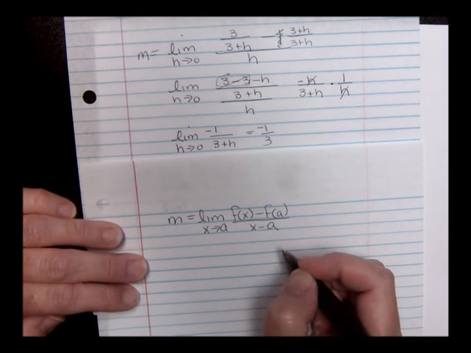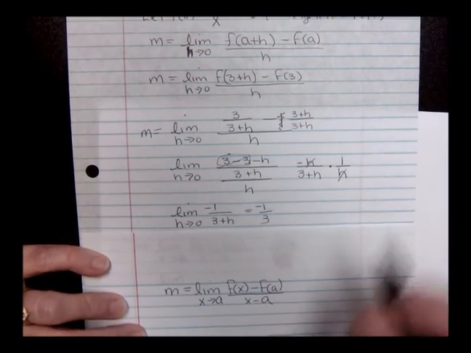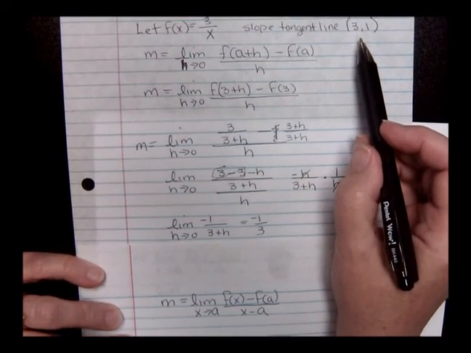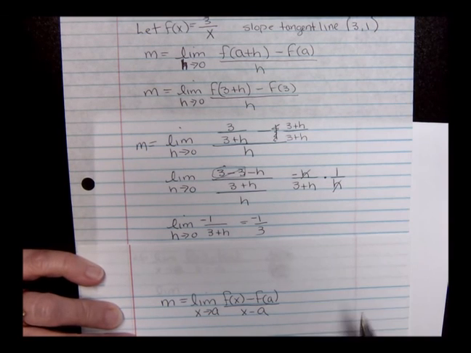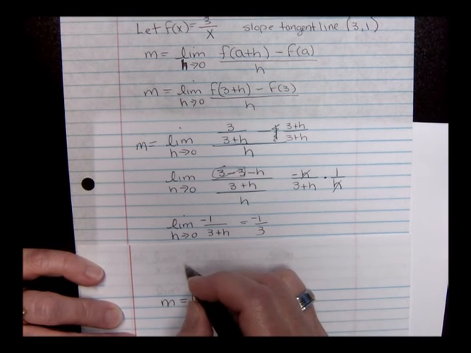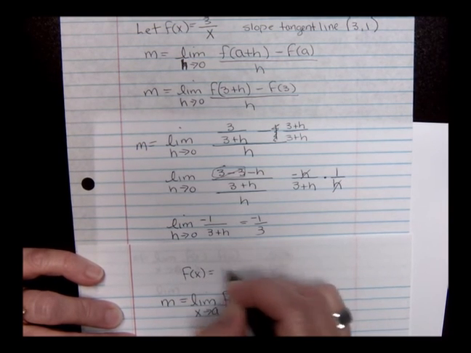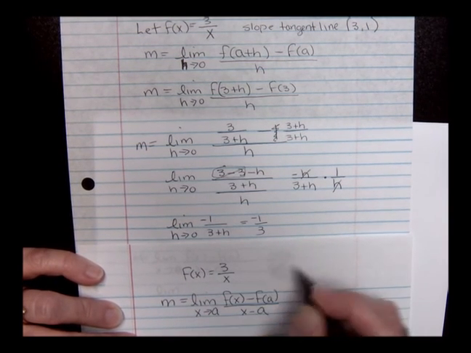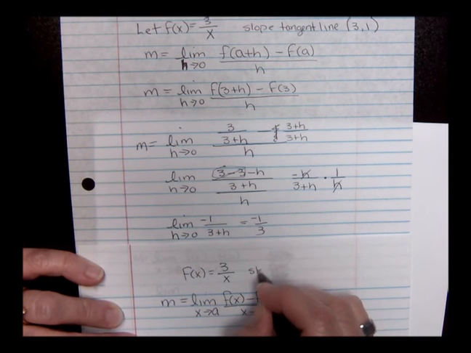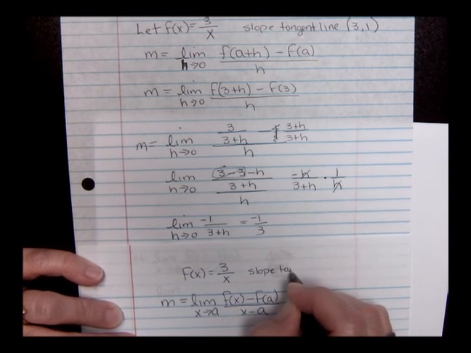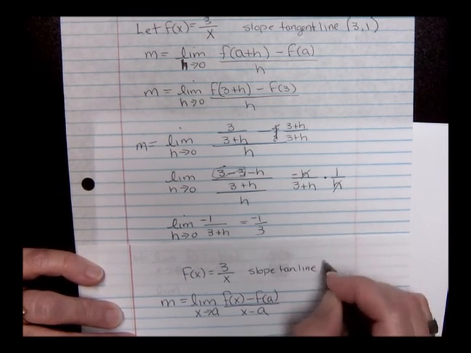Now, in my problem, if I look back up here, I see that my point is 3, 1. So let's get our problem down here where we can see it closer again. We have f of x equaling 3 over x, and we're looking at the slope of the tangent line at 3, 1.